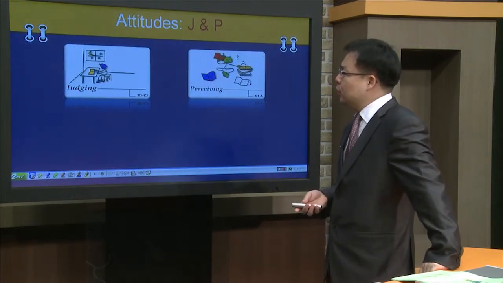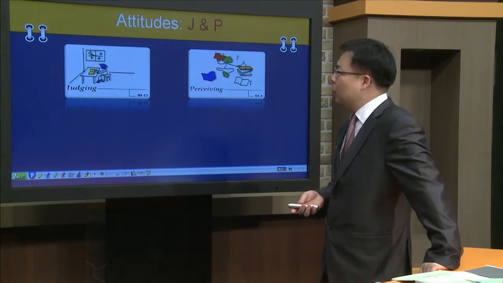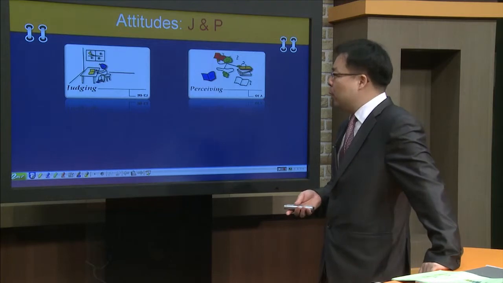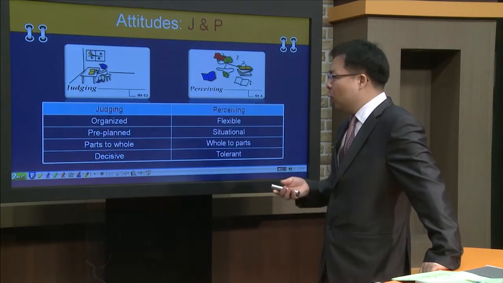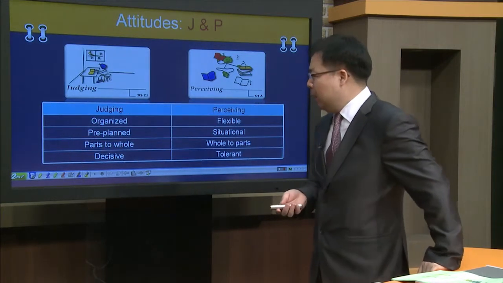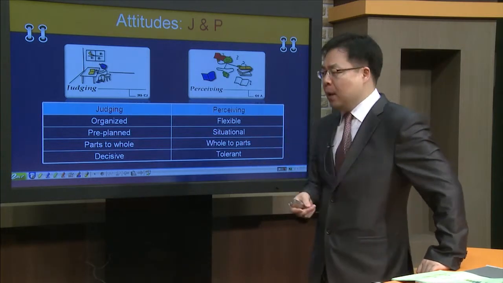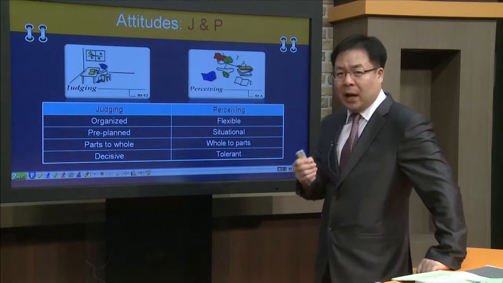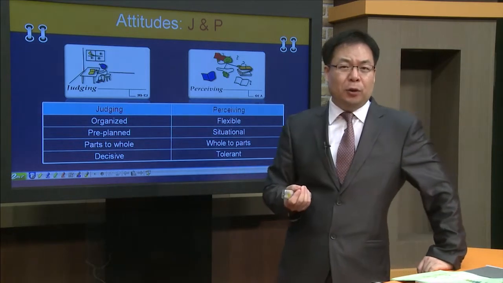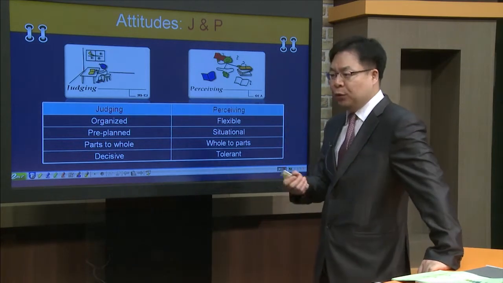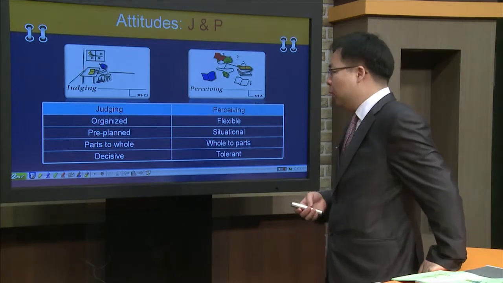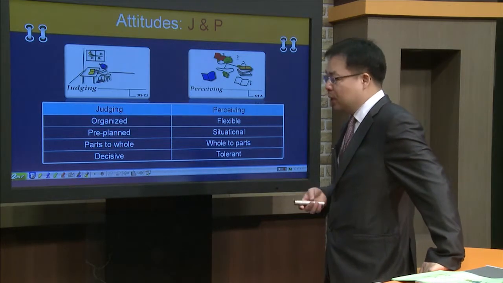And the next indication is attitude, or lifestyle. The J person is pretty organized and pre-planned, very decisive, and step by step. They use a lot of diaries, organizers, and schedulers. So they know what to do the next day and have a pretty well-prepared lifestyle.